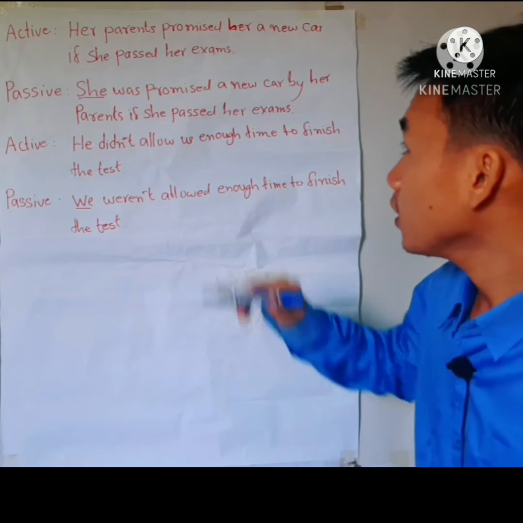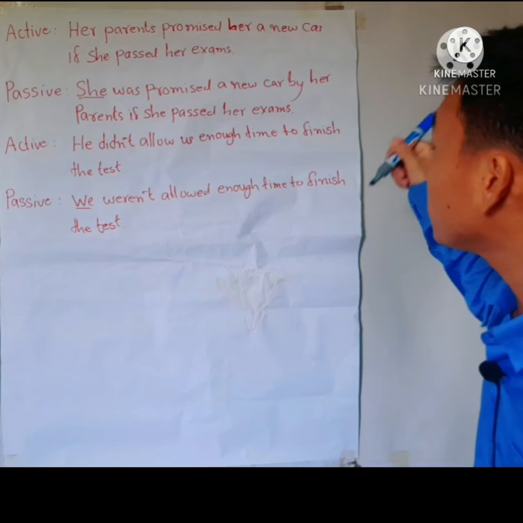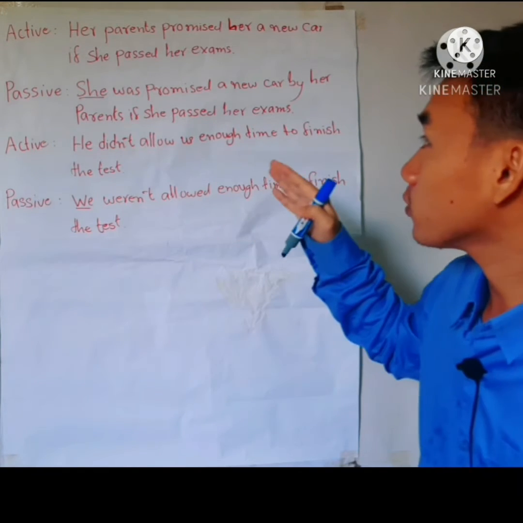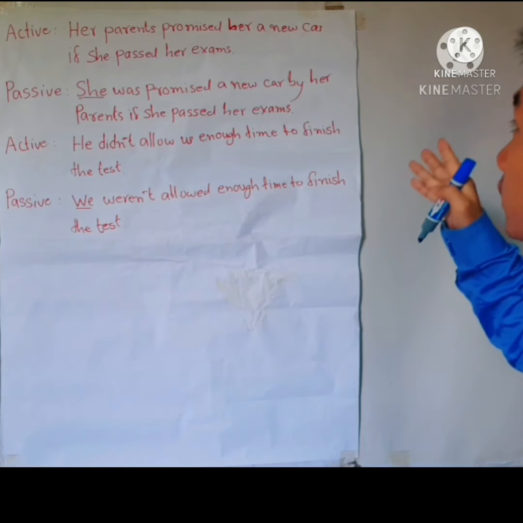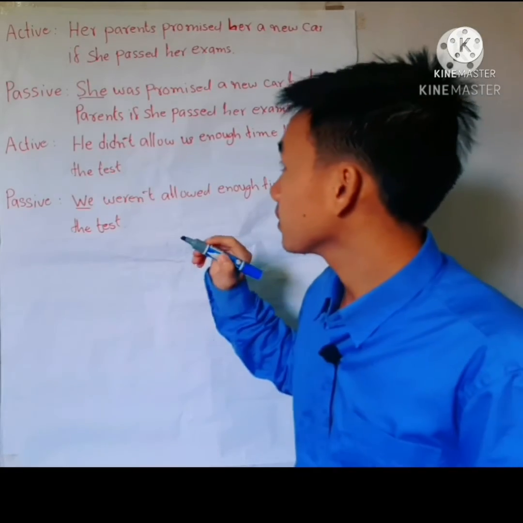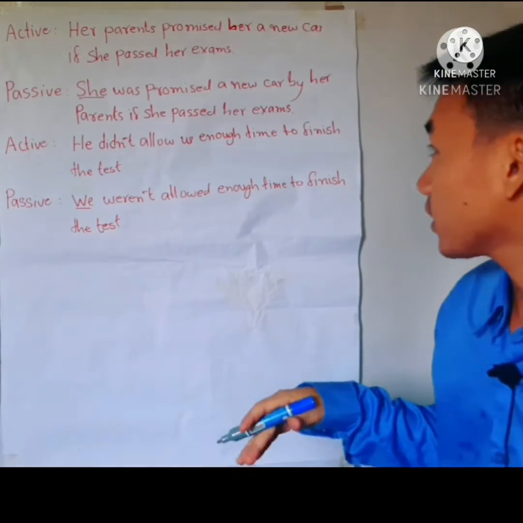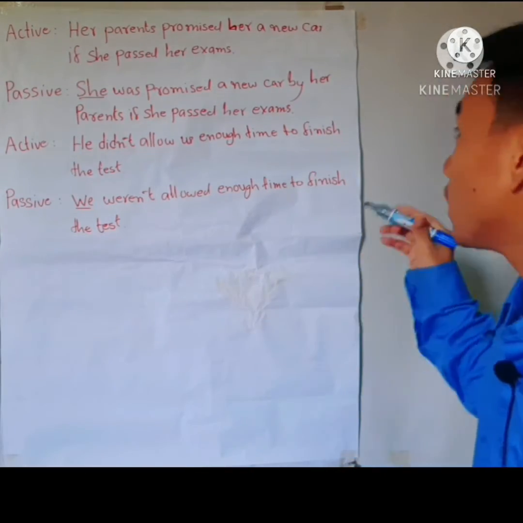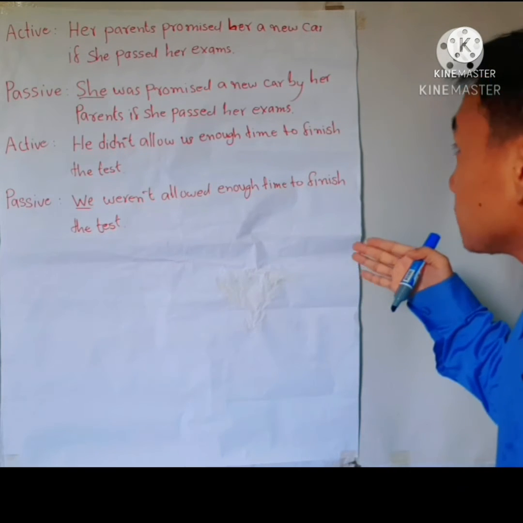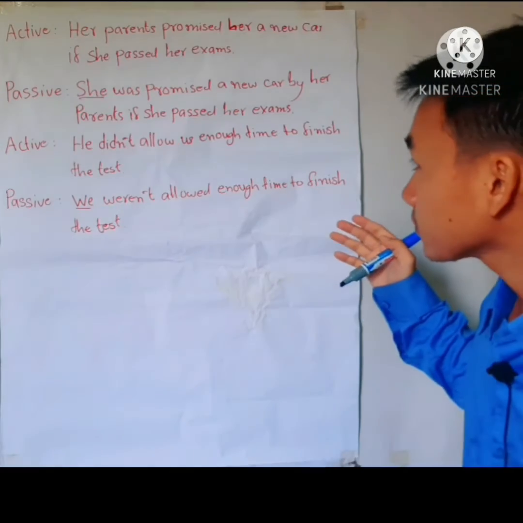Active: Her parents promised her a new car if she passed the exams. In this one, when we change to the passive, it will be "She was promised a new car by her parents if she passed her exams."